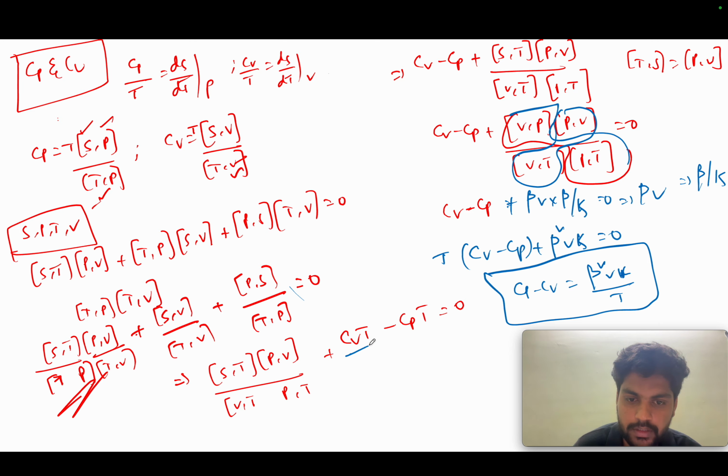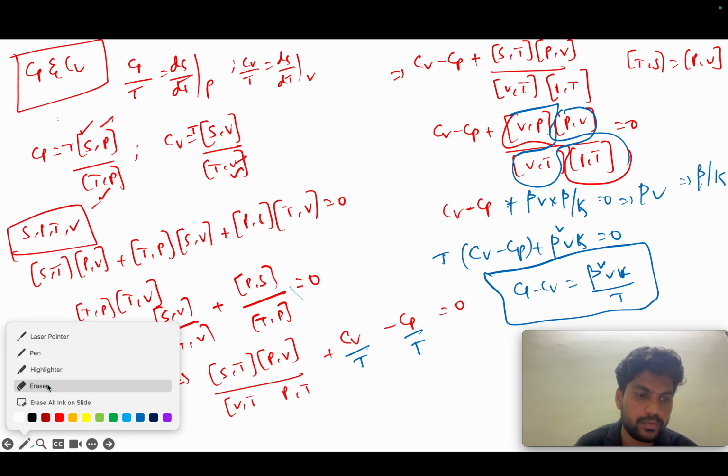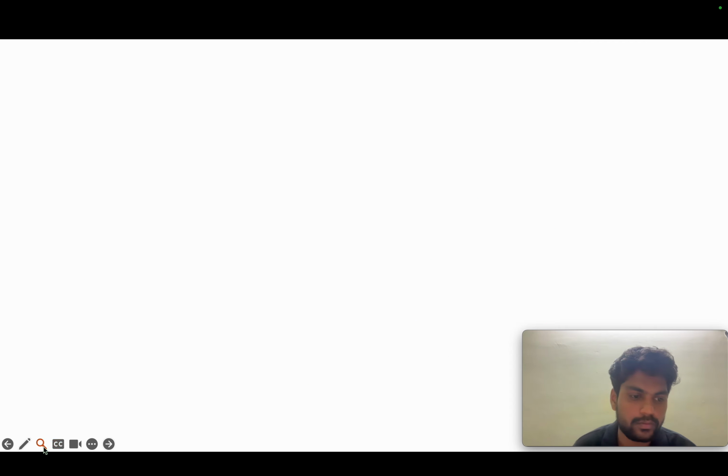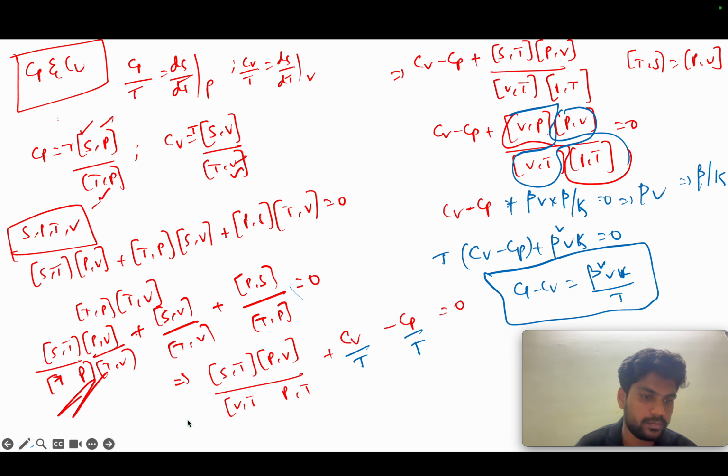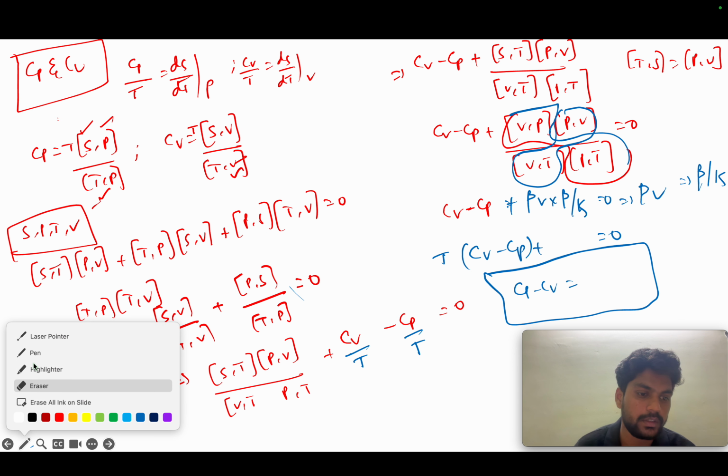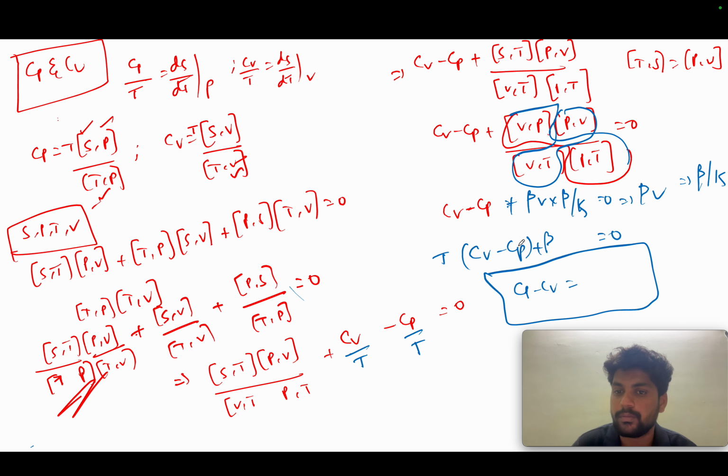It will be T here, not this T, this T. So it is beta squared V T by K. Any doubts?